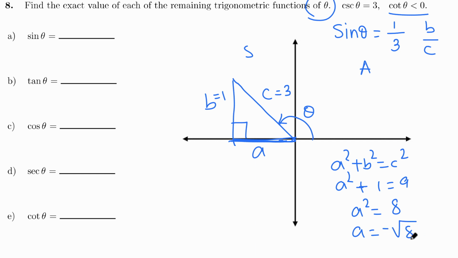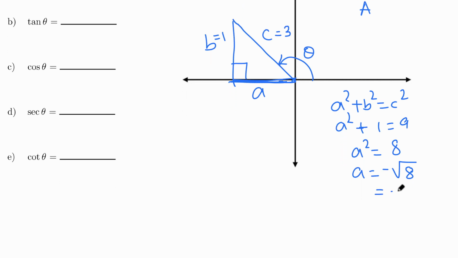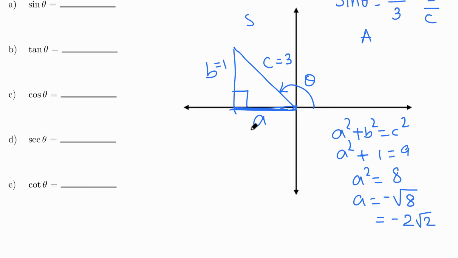And negative square root of 8. Square root of 8 is 2 root 2. You can simplify this, which is not necessary, but you can do that. 8 is 4 times 2, and 4 is a perfect square, so 2 root 2, or you can leave it as negative root 8. Okay, a is negative 2 root 2.